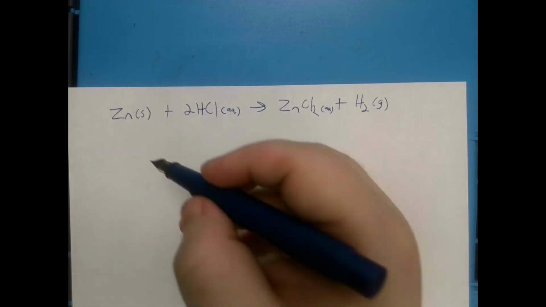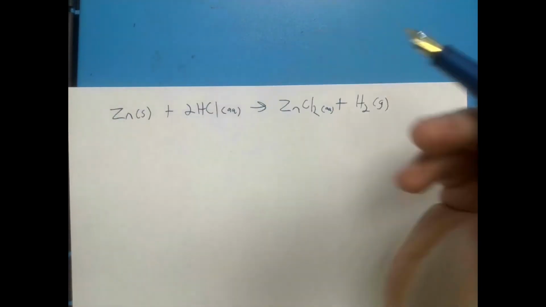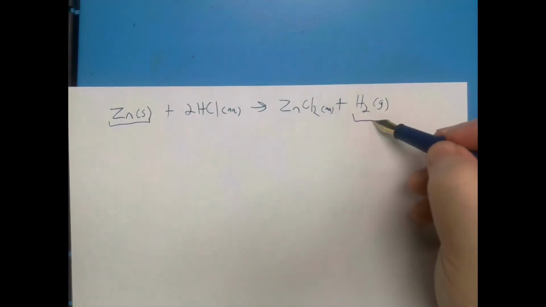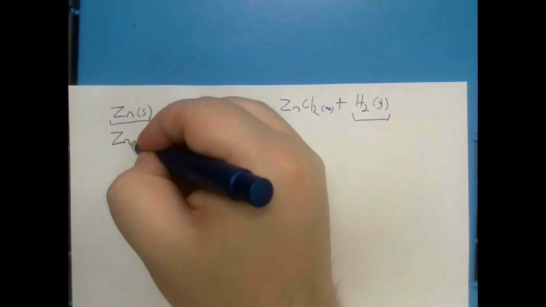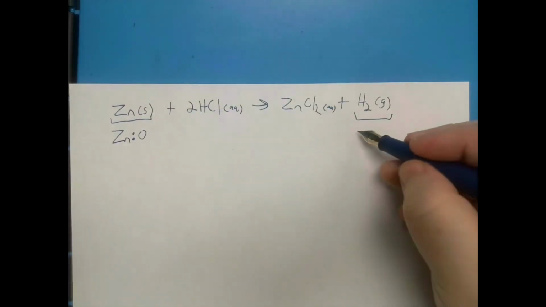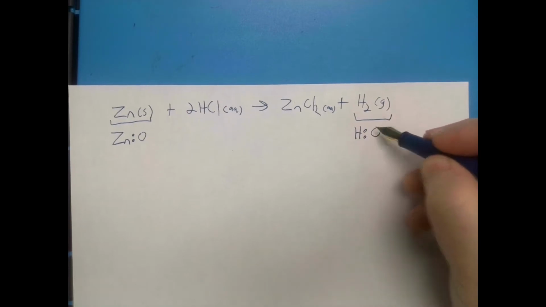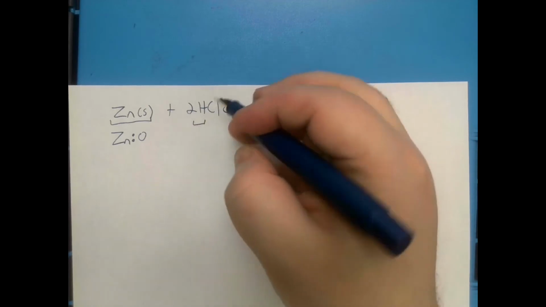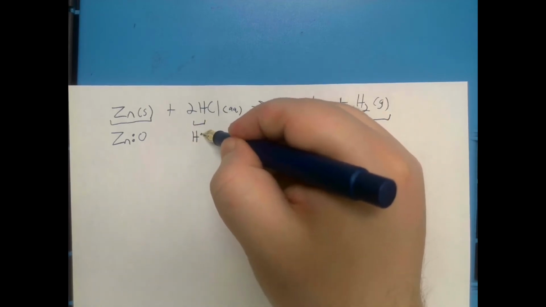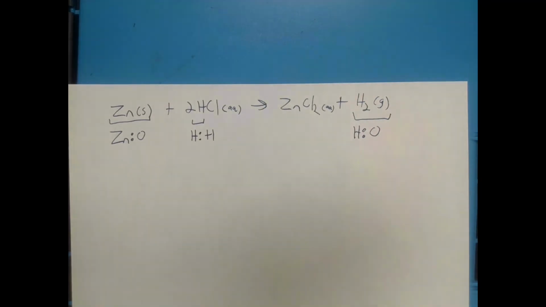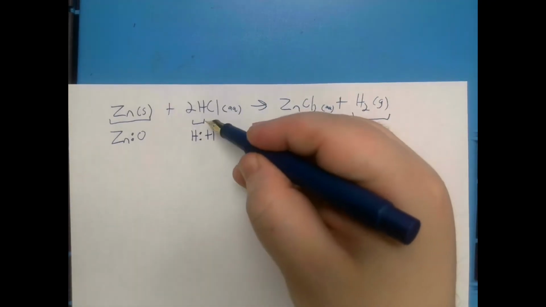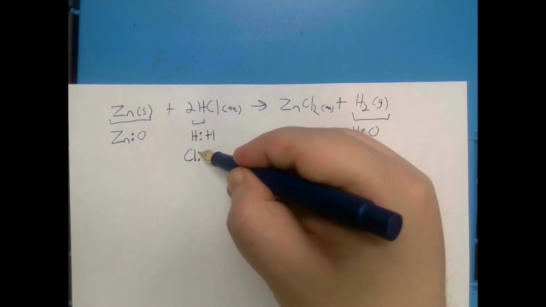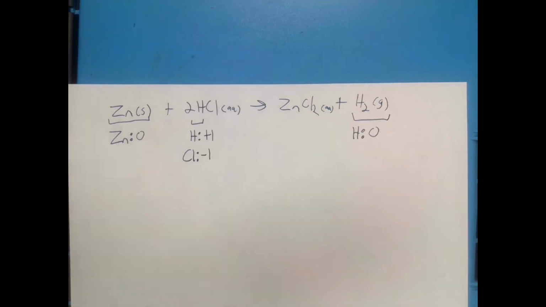So according to our rules, an element by itself will have an oxidation number of 0. Hydrogen will have an oxidation number of +1. The most electronegative element, which is chlorine, will have an oxidation number equal to its charge.